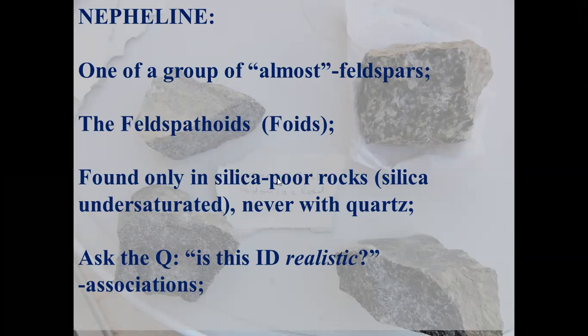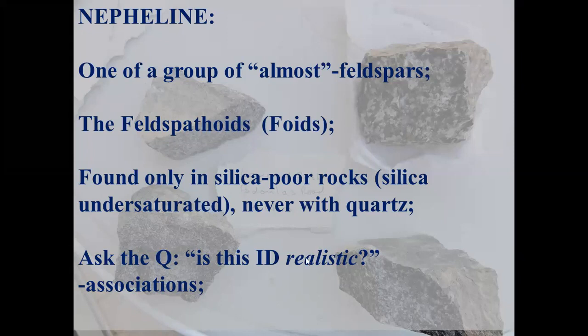So if you had enough silica, then you would have enough silica to make proper feldspars. But if you're silica poor, what we call silica undersaturated, then there isn't enough silica to make a sodium aluminosilicate feldspar. If there isn't enough silica, then you make these feldspathoids instead. Nephilim is one of the common feldspathoids.